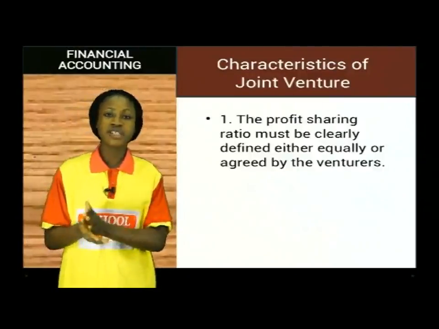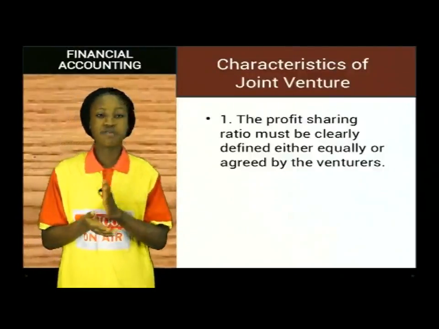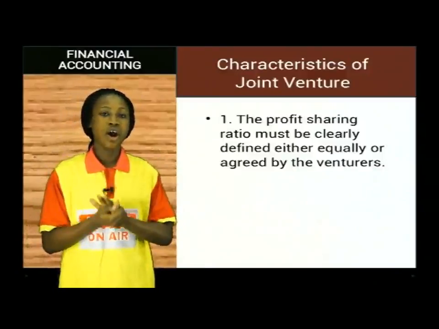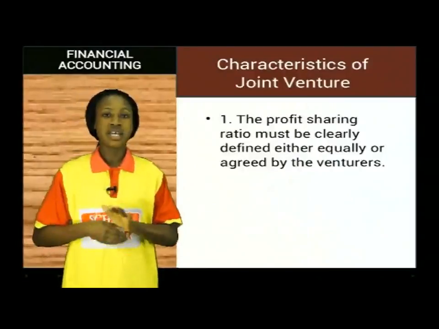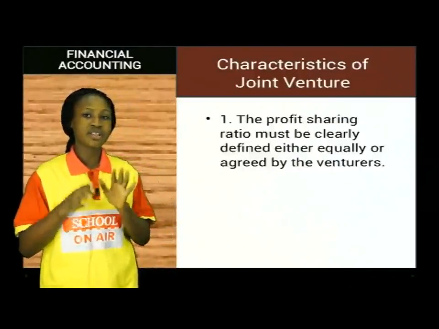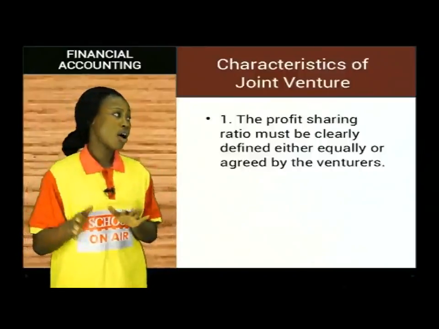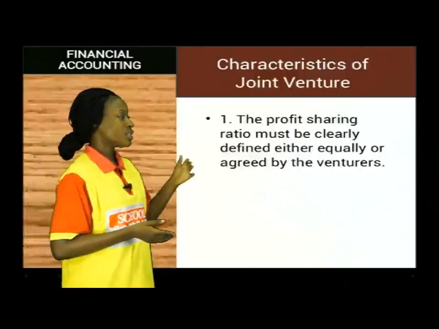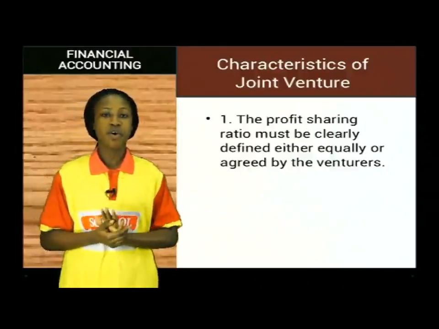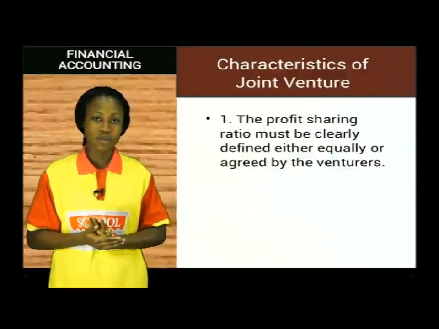Is it 20, 40, 40? Is it 50, 50? This must be well spelled out at the beginning of the venture, because they are going in for profit, and there should not be disagreement or misunderstanding at the end of the venture. So the profit sharing ratio must be clearly defined even before the venture is embarked upon.